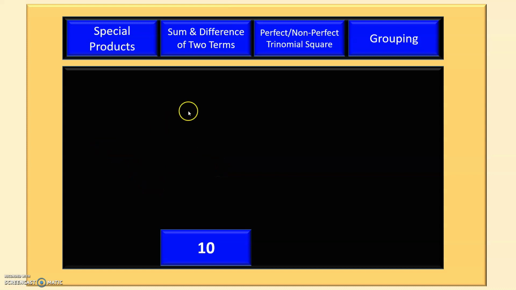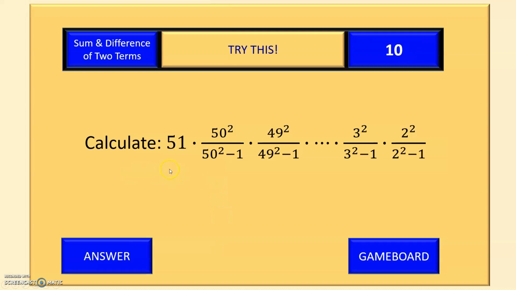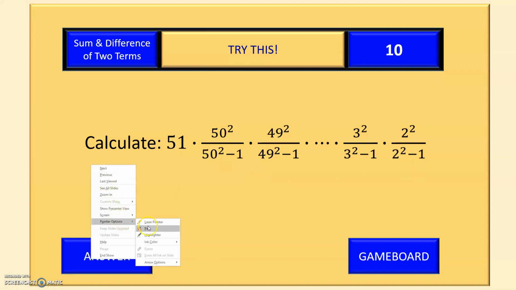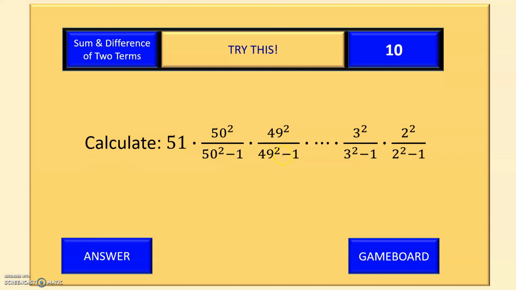Okay, we're now on the last problem for 10 points. For the sum and difference of two terms, let's solve the problem. Calculate 51 times 50 squared over 50 squared minus 1 times 49 squared over 49 squared minus 1 times and so on times 3 squared over 3 squared minus 1 times 2 squared over 2 squared minus 1.